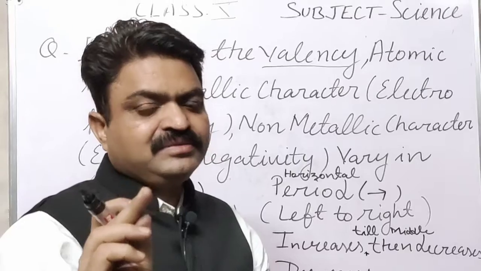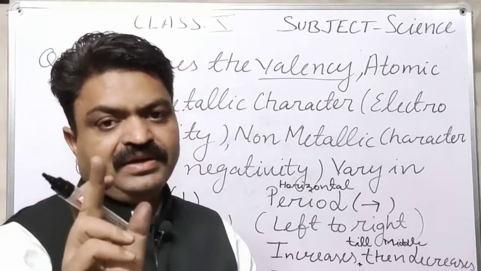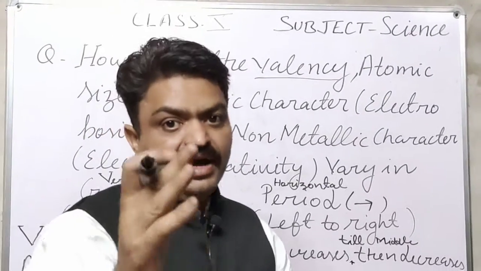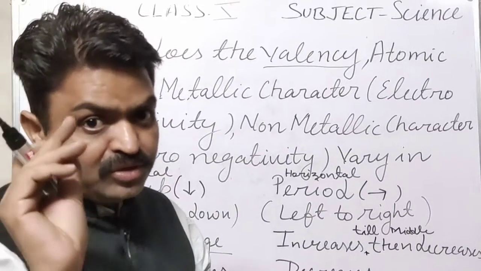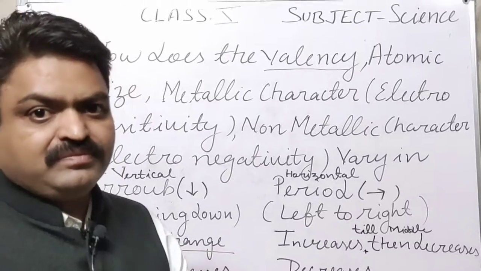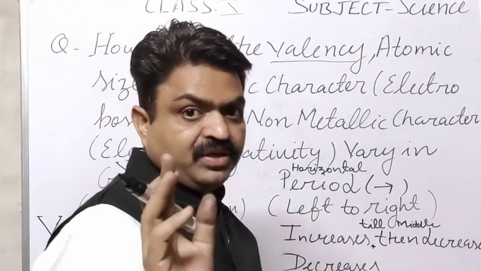Non-metals are found in the 17th group, and as you know, the elements found in the 17th group are more non-metallic than other elements, students. The most non-metallic element is fluorine, students.